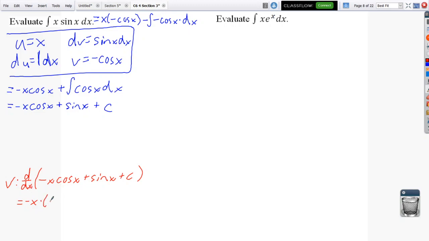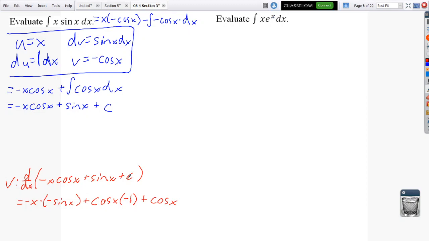The derivative of cosine is negative sine of x, plus right to left. So the right is cosine of x times the derivative of negative x, which would be negative 1, plus the derivative of sine of x is cosine of x.